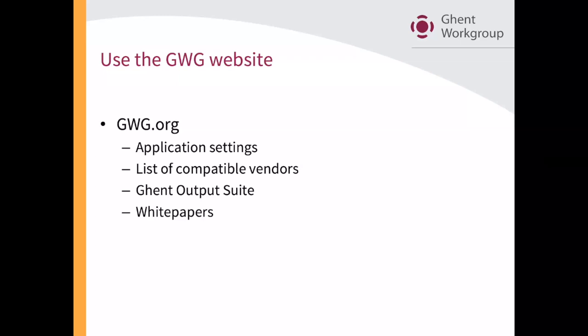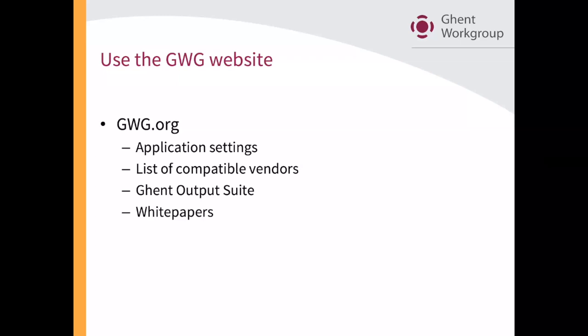And the Ghent Output Suite is a test suite. It's a set of PDF documents that can be used to verify that a workflow solution or a RIP is compatible with modern versions of PDF.